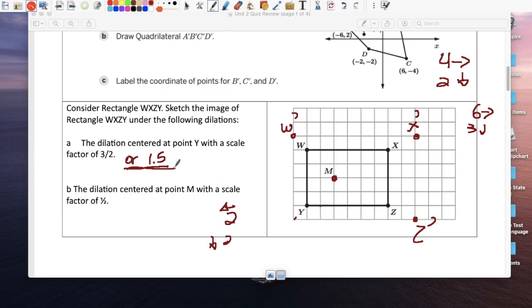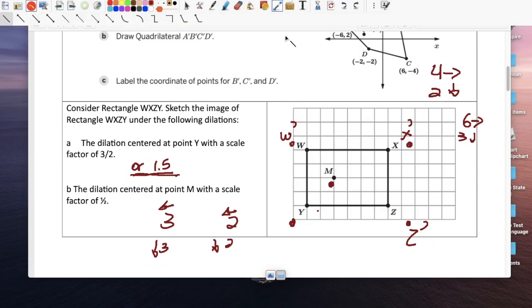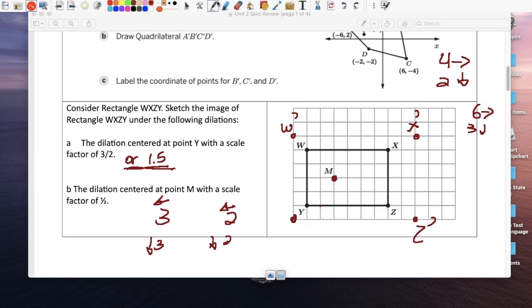Multiply that by 1.5, our scale factor, you get 3 to the left and 3 down. Notice that we have a figure that is now similar, meaning the ratio of 2 sides and their corresponding sides on the other shape are proportional. So here's my shape, and that would be it.